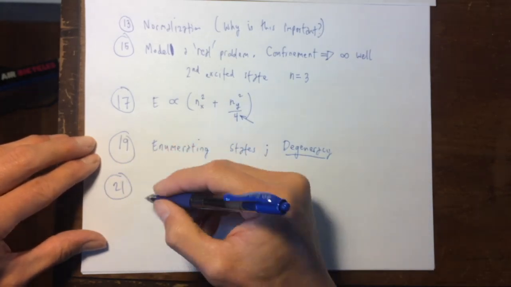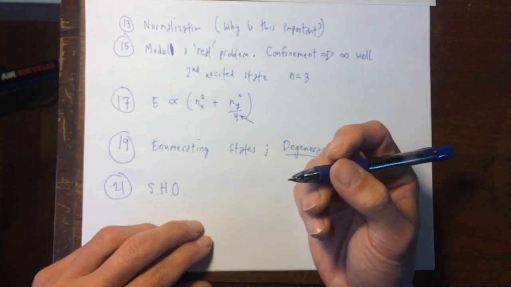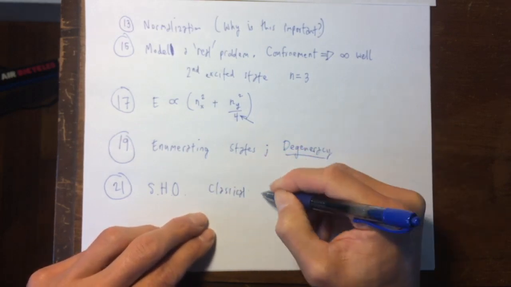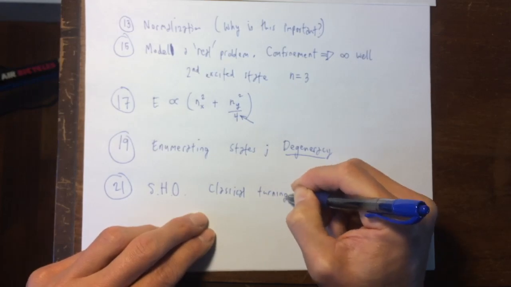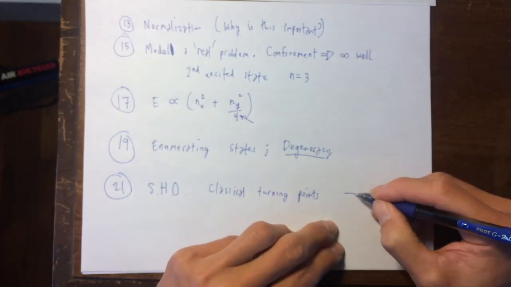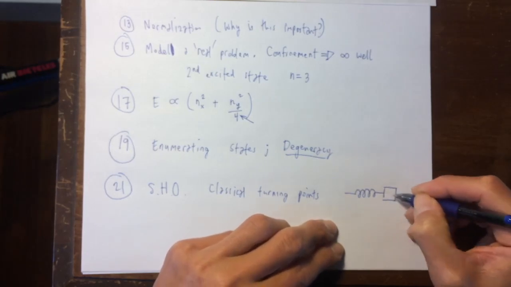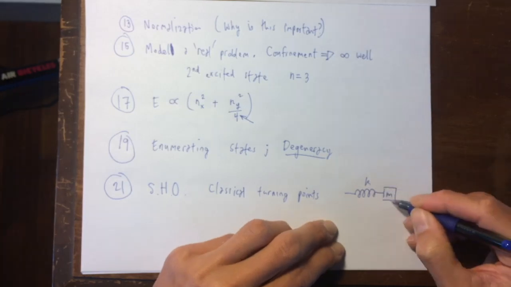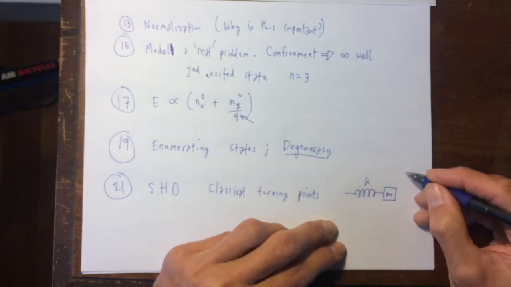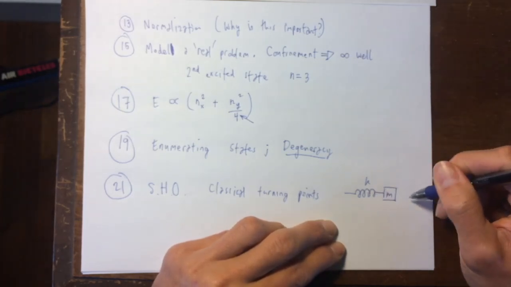Number 21 is about the simple harmonic oscillator and classical turning points. So these classical turning points, it's about the classical problem. If you have a harmonic oscillator, a classical one, that's just a mass on the end of a spring. And when you put energy on this oscillator, this little mass just goes back and forth like this.